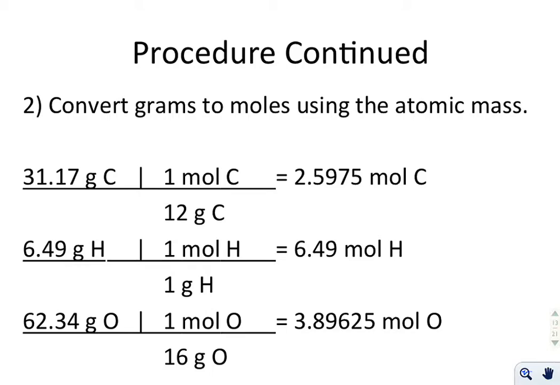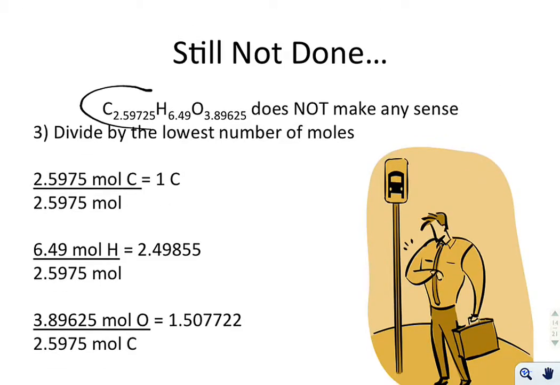So what we need to do is we need to say, okay, it's clearly not this. The reason why is you can't have a part of a molecule. It has to be carbon 2 or it has to be carbon 3. It cannot be carbon 2.59725 because you can't cut a carbon into that many pieces, or any pieces at all for that matter. So what we do is we find the lowest number of moles.